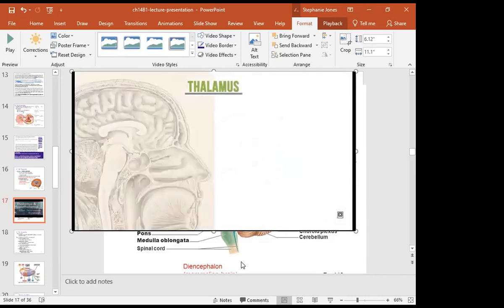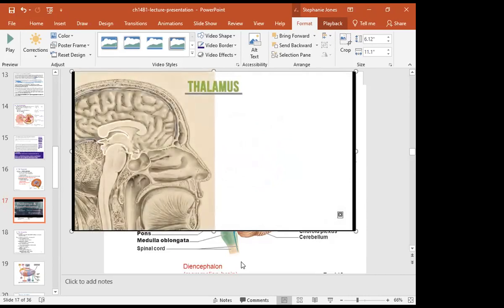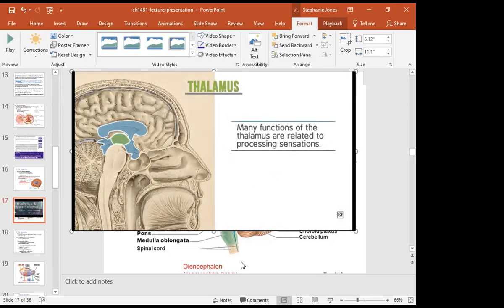The thalamus resides in the diencephalon portion of the forebrain, and it is located superior to the hypothalamus and inferior to the cerebrum. Many sensory neuron pathways, except those concerned with smell, pass through the thalamus, and therefore many functions of the thalamus are related to processing sensations.